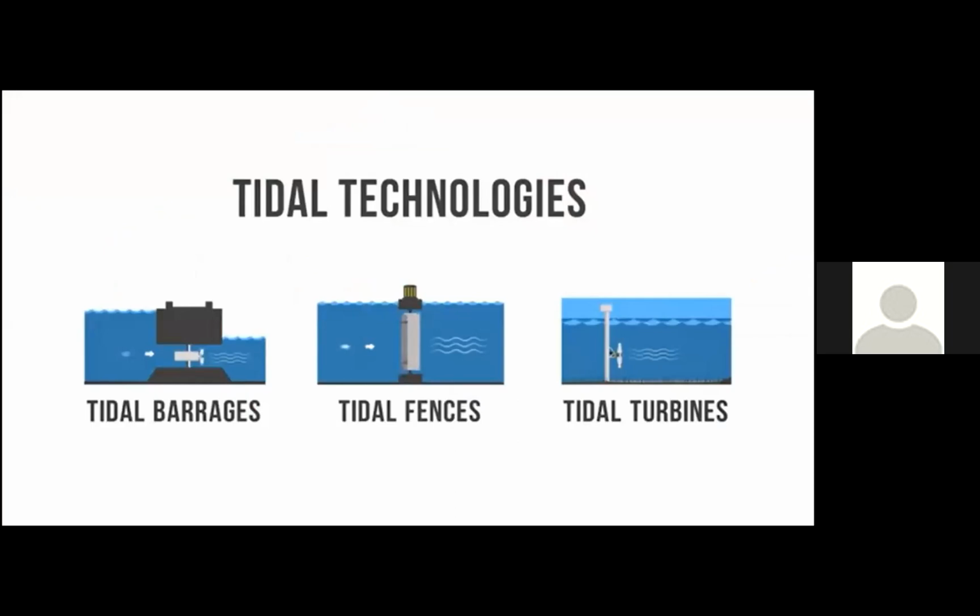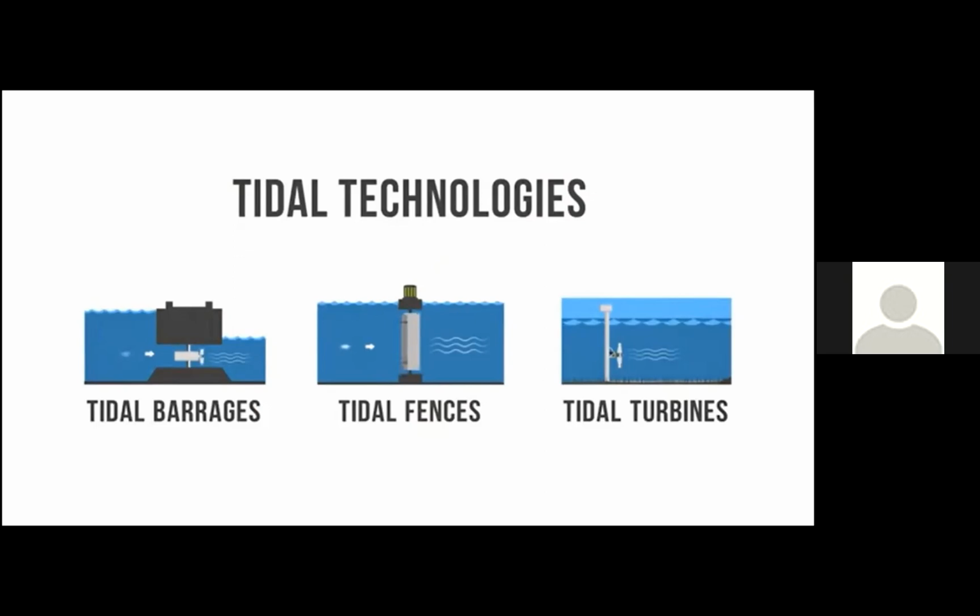And there are several technologies that can be used to generate this form of energy. The first one, and the most efficient one, is the tidal barrages. The tidal barrage consists of a dam that uses the potential energy generated by the change in high and low tides.